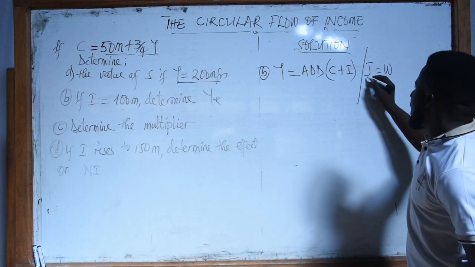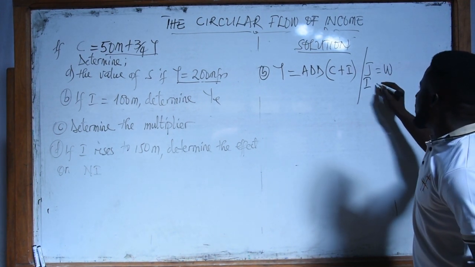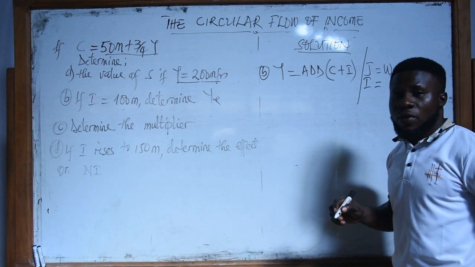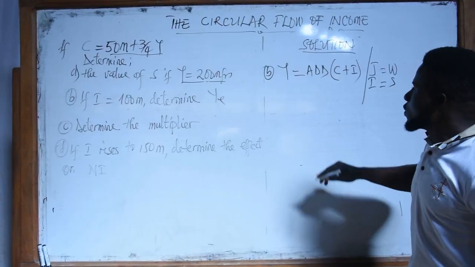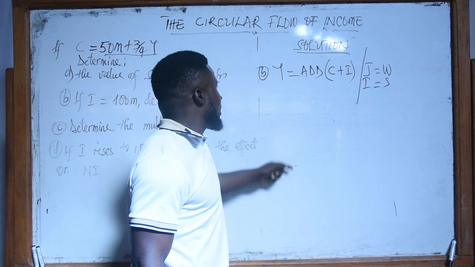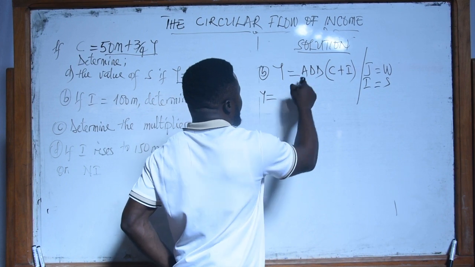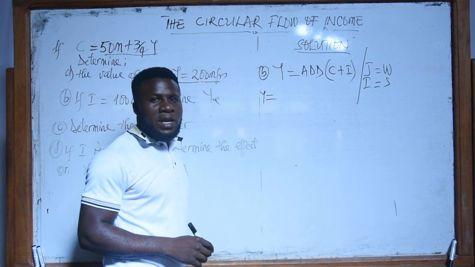In this situation, we have only one injection, which is investment, and only one withdrawal or leakage, which is savings. So we are going to solve with both formulae to see if we arrive at one answer. Let us start with the aggregate demand approach.